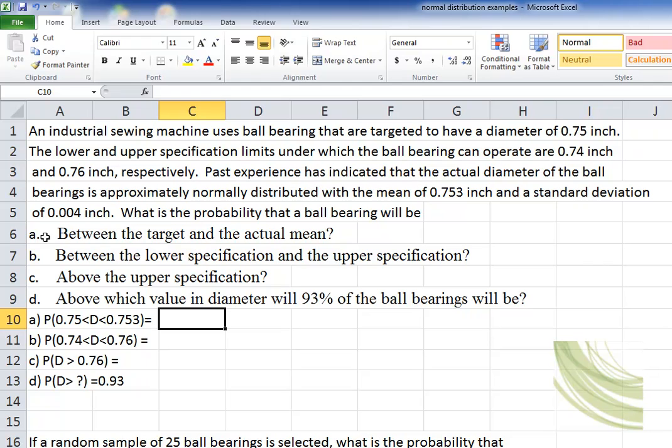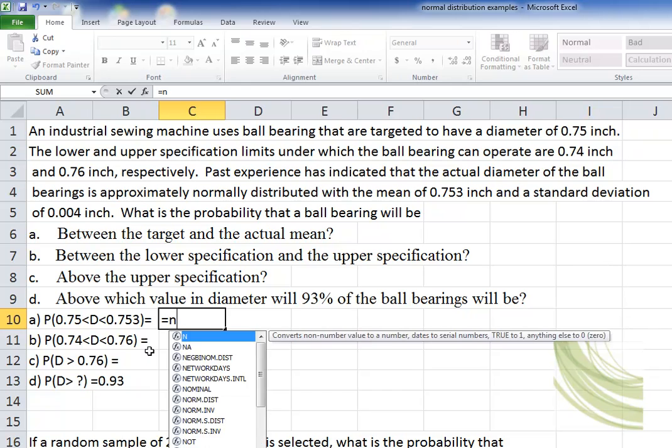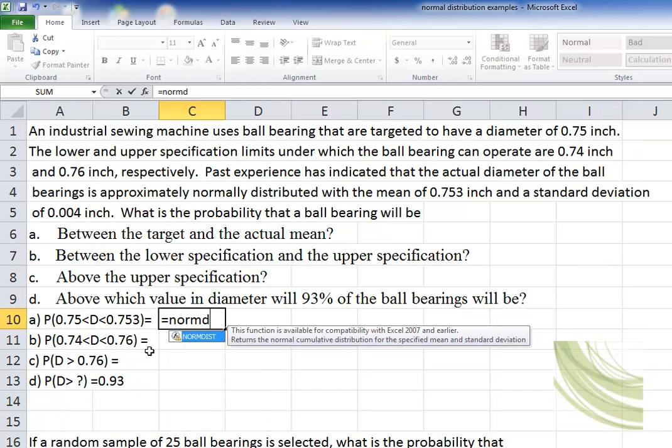So question A, between the target and the mean. So we formulate this as probability 0.75, that's the target value, less than diameter, less than mean 0.753. So the formula we use is equal NORM.DIST.